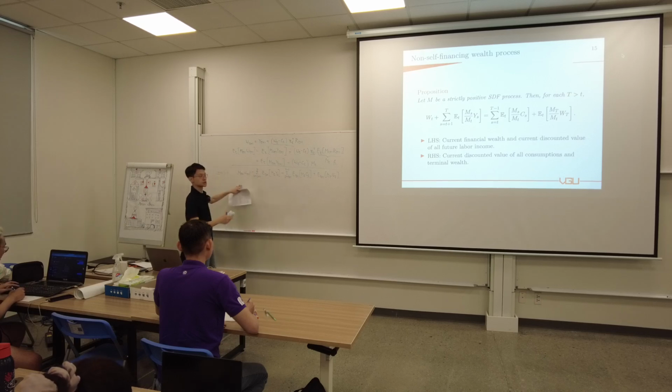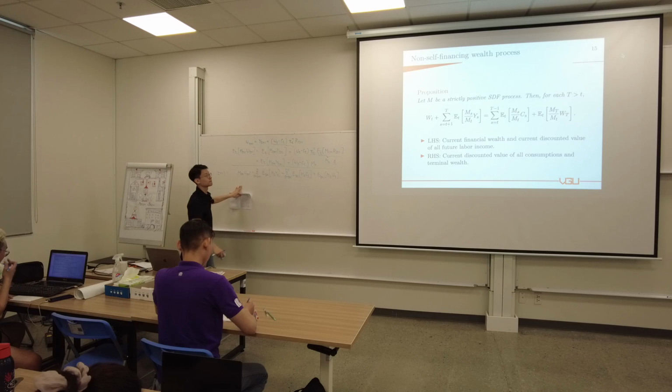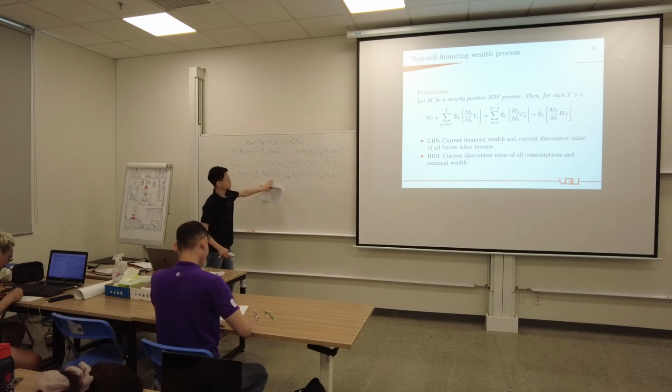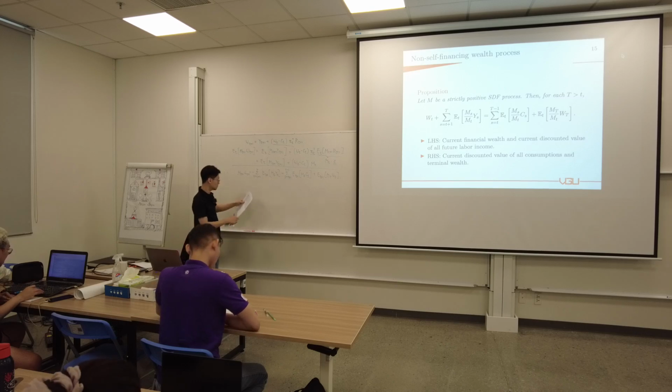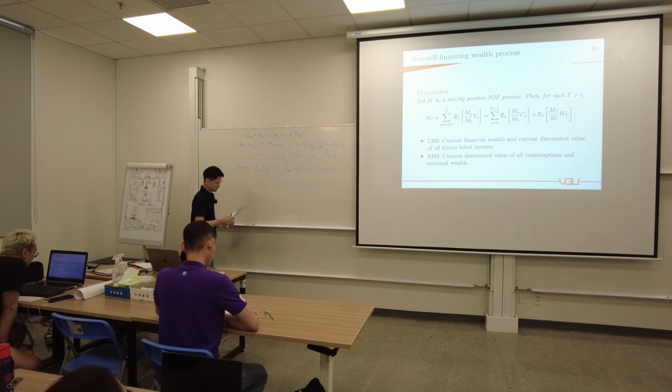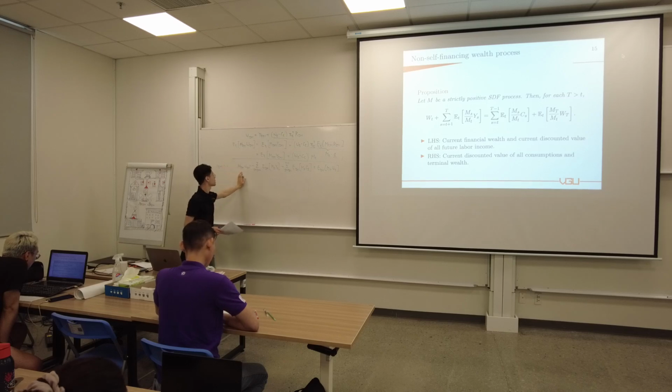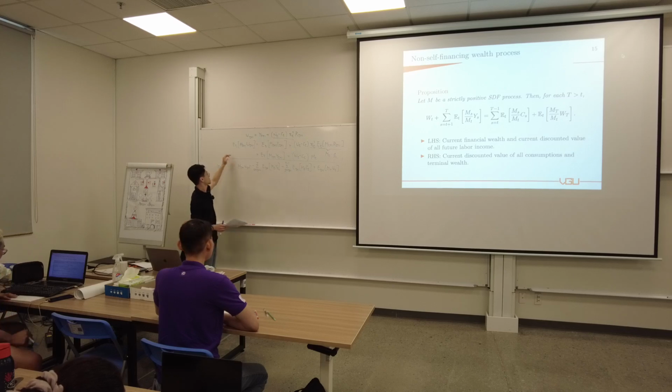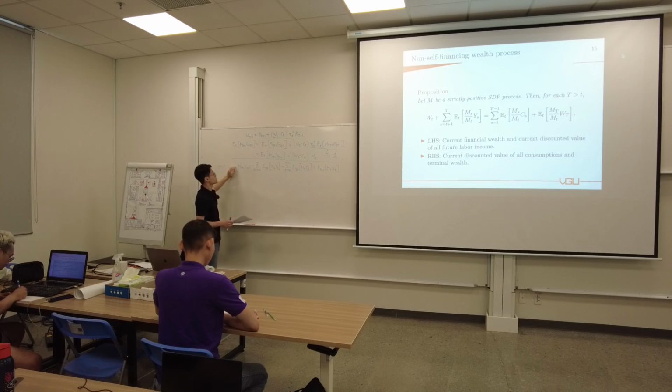This is just the same equation there, but we put this summation of the y's to the right hand side. So we have two equations about m tau plus 1, W tau plus 1. What do we do now? We just take the conditional expectation at time tau to this equation.